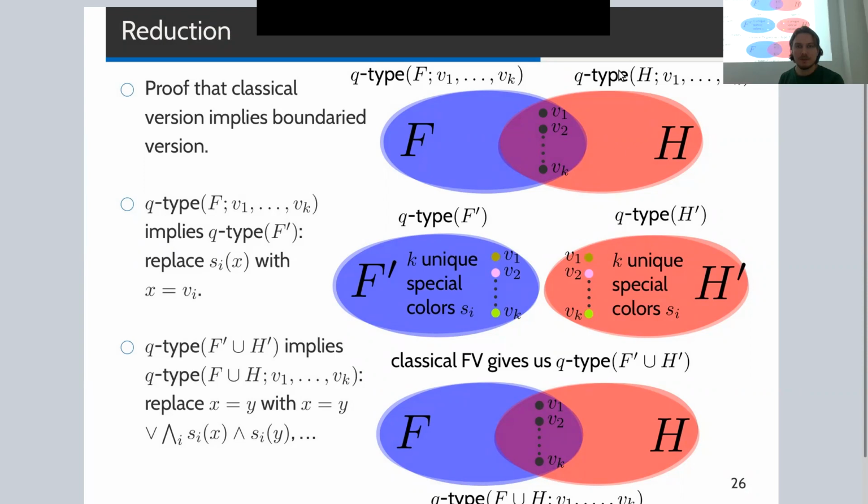So how do we deal with this? Whenever we would quantify over a single vertex in F and H, we would, I guess, secretly quantify over 2 vertices and pick both copies of these vertices in F prime and H prime.